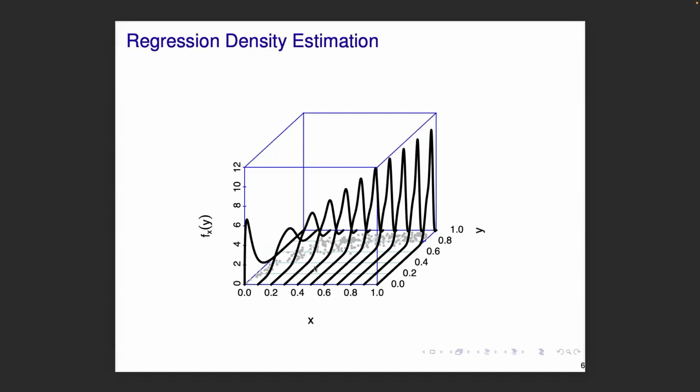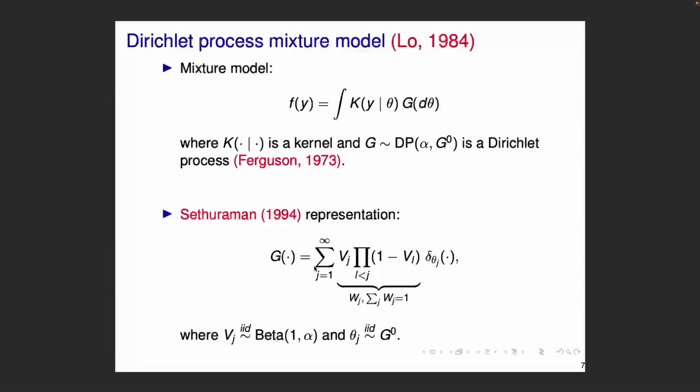We want a method that is very flexible, meaning that we can model asymmetries, we can model multimodality, and if we vary the value of X, we can allow for varying these characteristics.